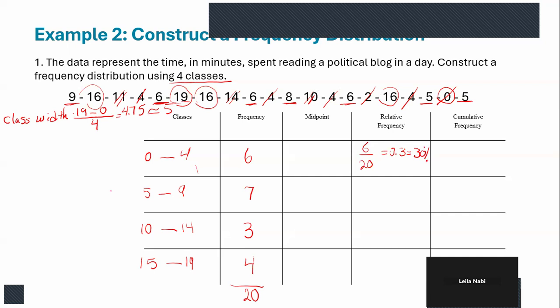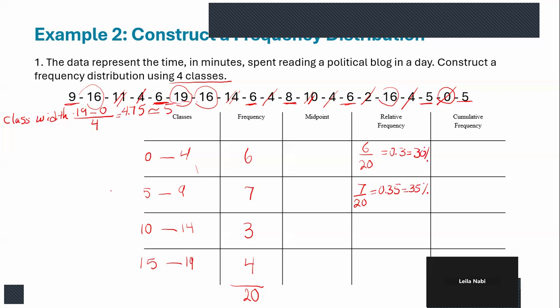For the second class, I have 7. Divide the frequency by the sum of the frequencies. 7 over 20. If I change it to decimal, it gives me 0.35. And if I multiply by 100, it gives me 35%.